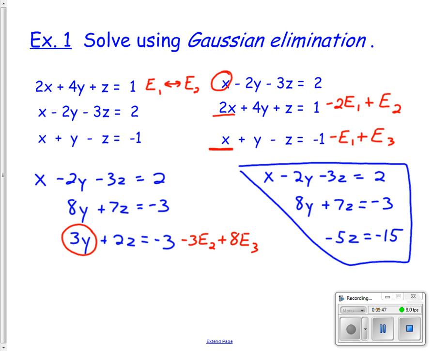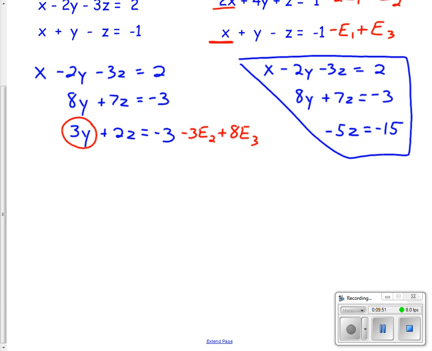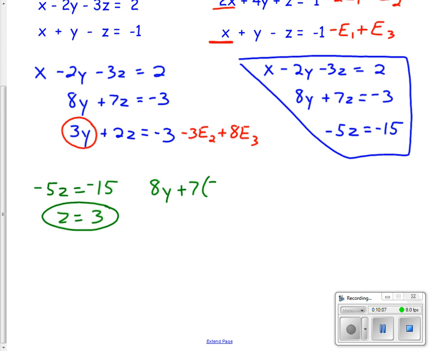Now we have our system in upper triangular form, so we should be able to do back substitution and solve. So starting with the -5z equals -15, we know z is equal to 3. Going to our second equation, 8y plus 7 times z, which we now know is 3, we can solve this equation. And we're going to get y equals negative 3.